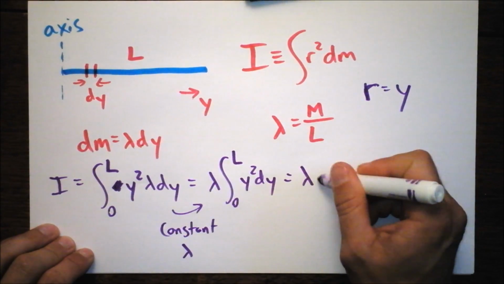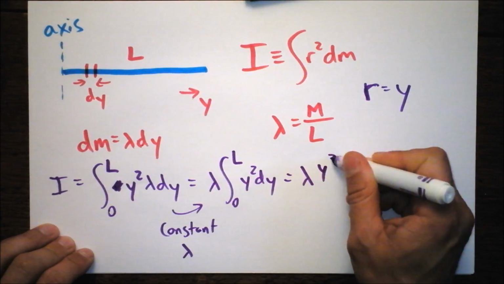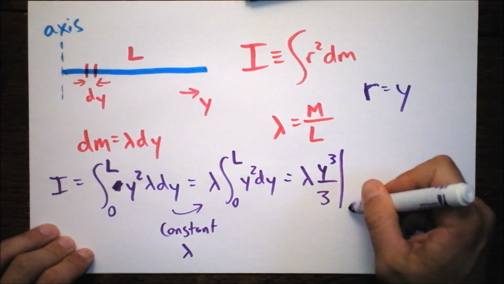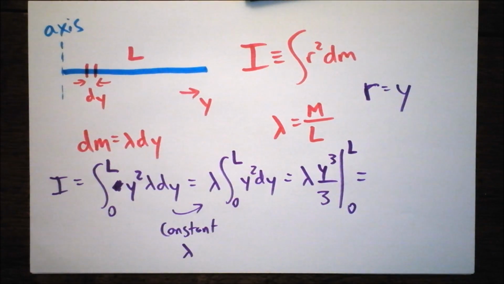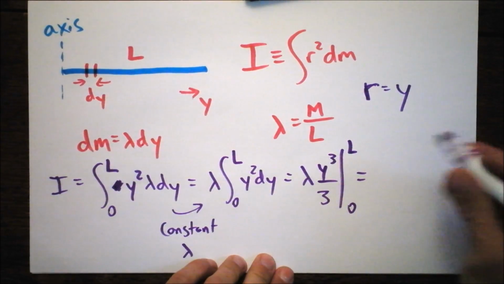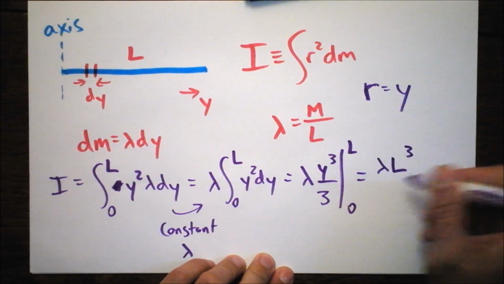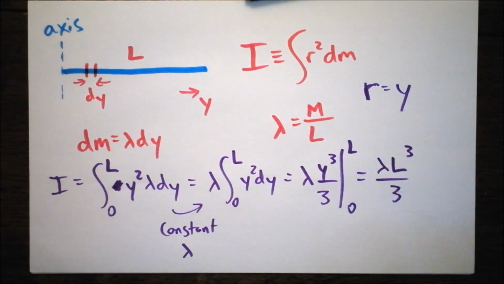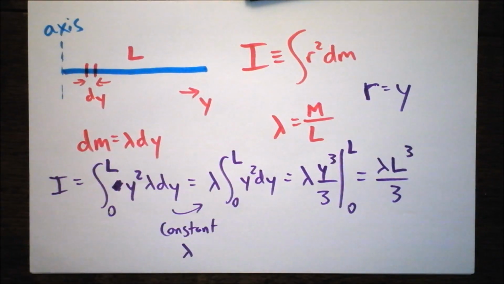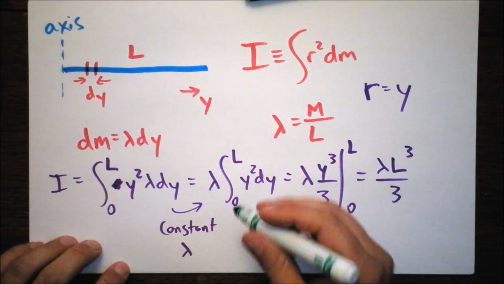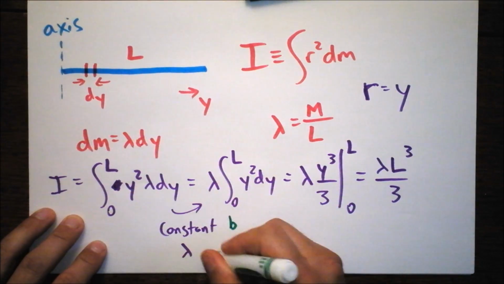So we're going to have lambda times y cubed over 3 evaluated at both 0 and L. Try evaluating that at 0 with a friend. Yay! Lambda times L cubed over 3. Now, that looks weird, right? That's not what's in my book. Hey, quit it. Don't panic, because we're going to look each time at what the total mass is.